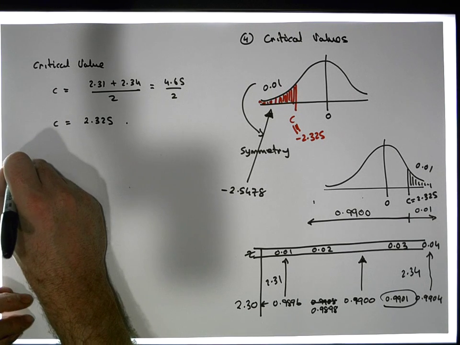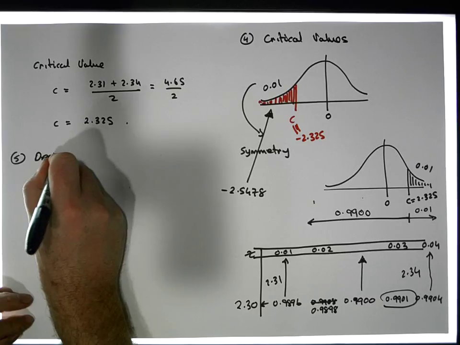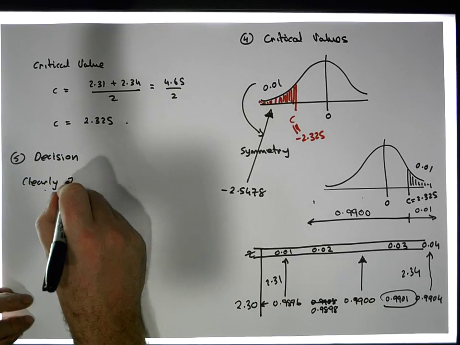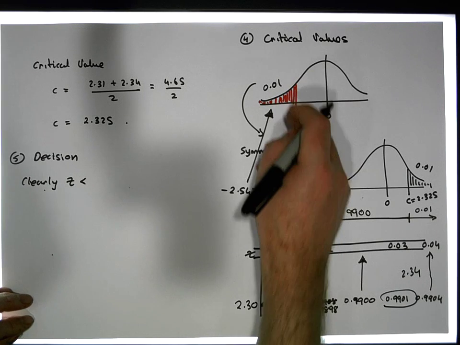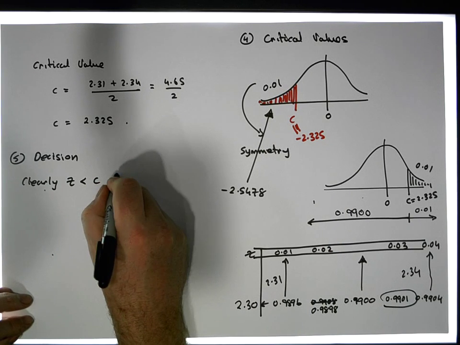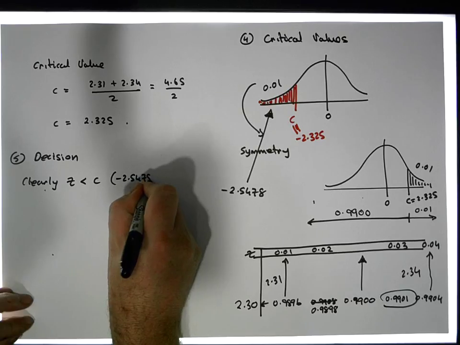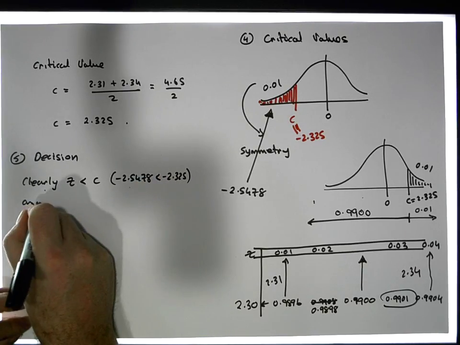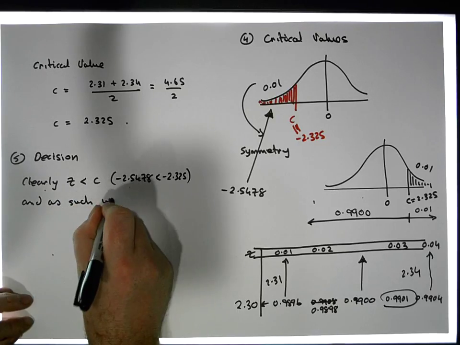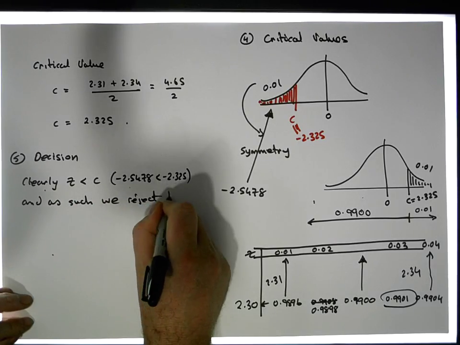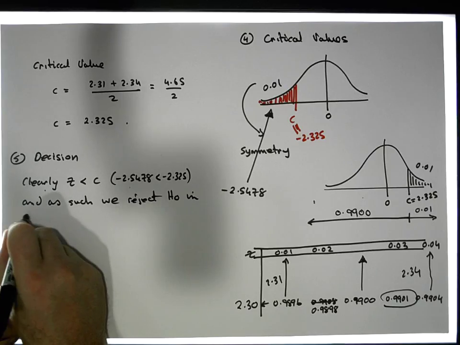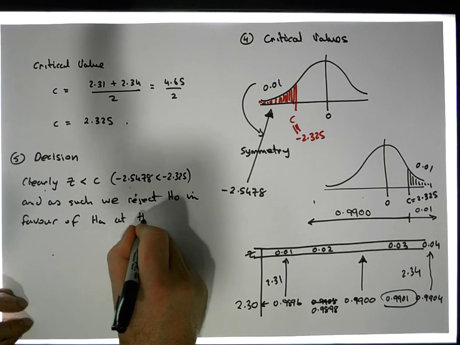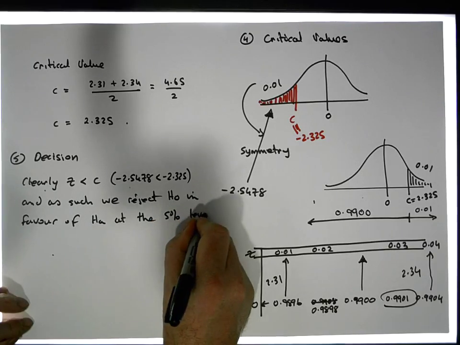So step 5, our decision. Clearly my Z score is less than my critical value. In this case I'm talking about on the left hand side. What I mean by that is minus 2.5478 is less than minus 2.325, and as such we reject H0 in favor of HA at the 5% level of significance.